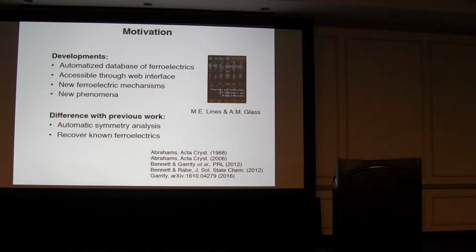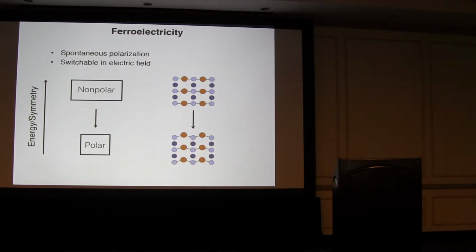So before talking more about this list, I would like to introduce some concepts. From first principles, the spontaneous and switchable polarization of ferroelectrics can be described as a polar insulating distortion from a non-polar structure, and it typically looks something like this, right?